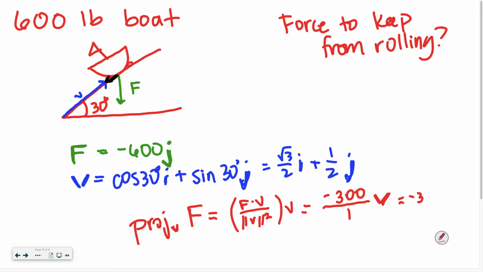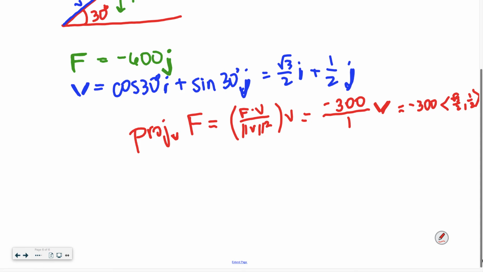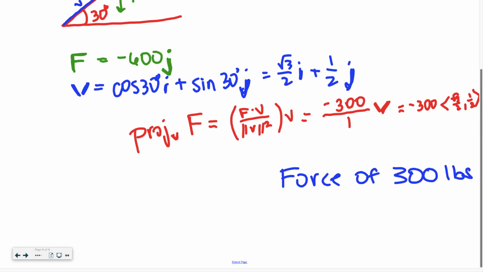So we have negative 300 times our vector radical 3/2, 1/2. Okay? What's the magnitude of that vector? Hint: this had a magnitude of 1. So there's a force of 300 pounds that we would need to counteract that.